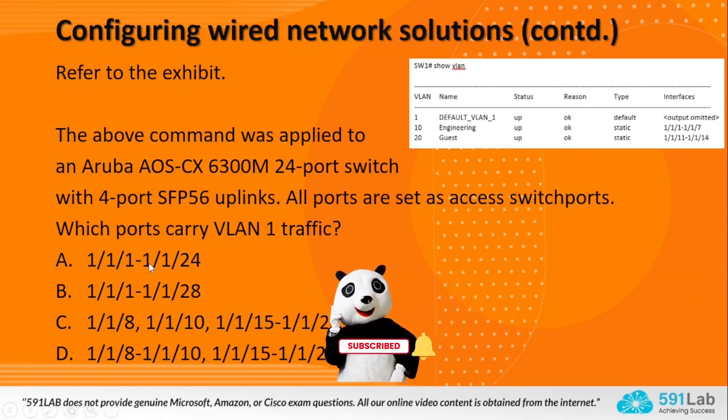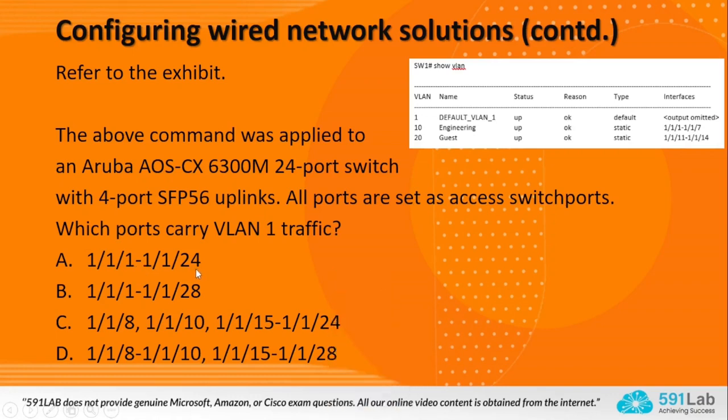Option A, 1/1/1 to 24: no, it's wrong because 1 to 7 is already assigned to VLAN 10. Port number 1 to 28: that is also wrong because 1 to 7 is on 10 and 11 to 14 on 20. So A and B are wrong.